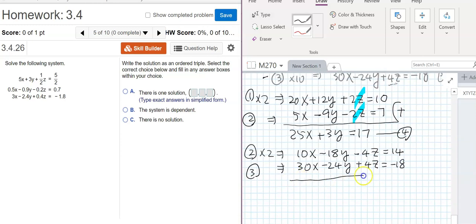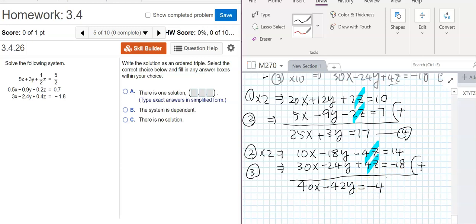Okay, so when I add, remember, you want to cancel z. So I get 40x minus 42y equal to, now this is negative 4.